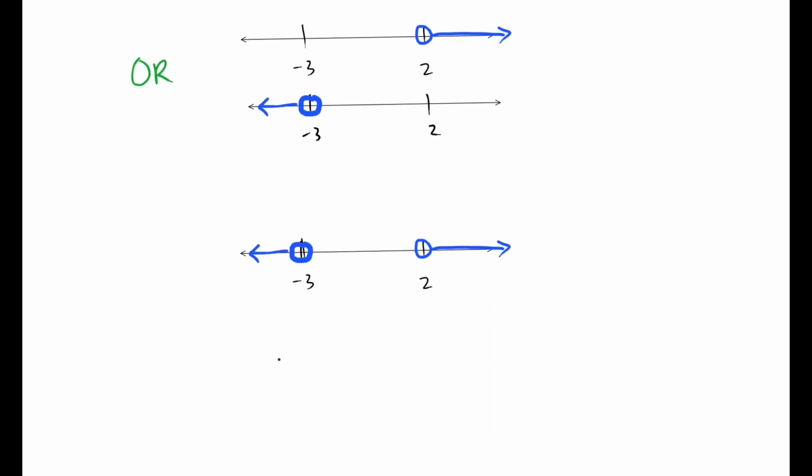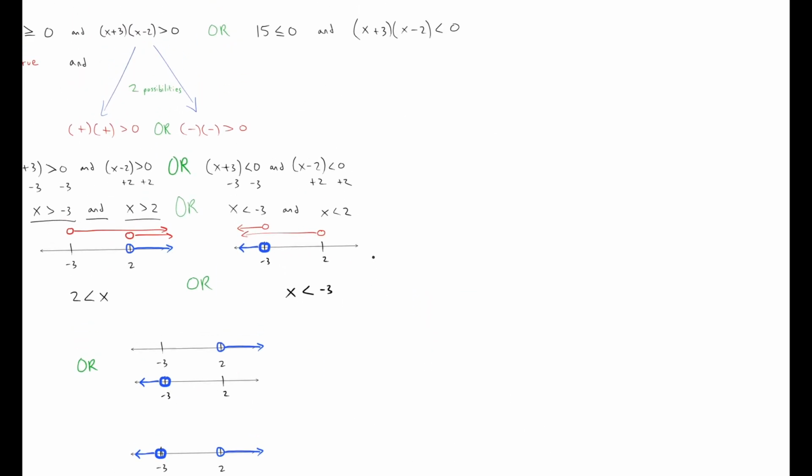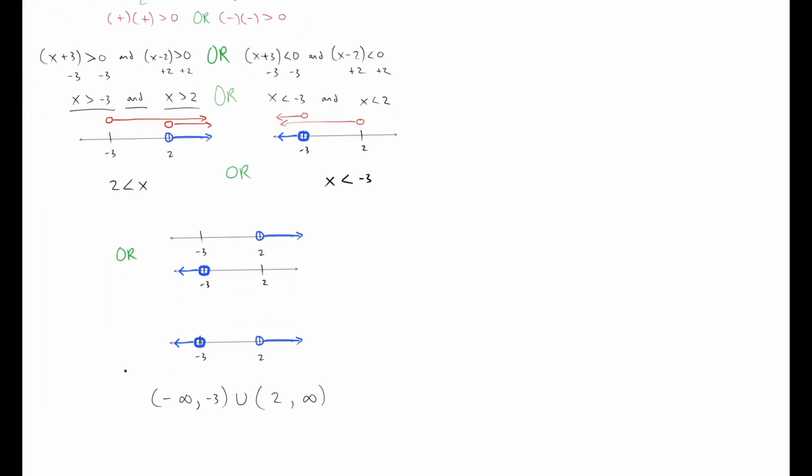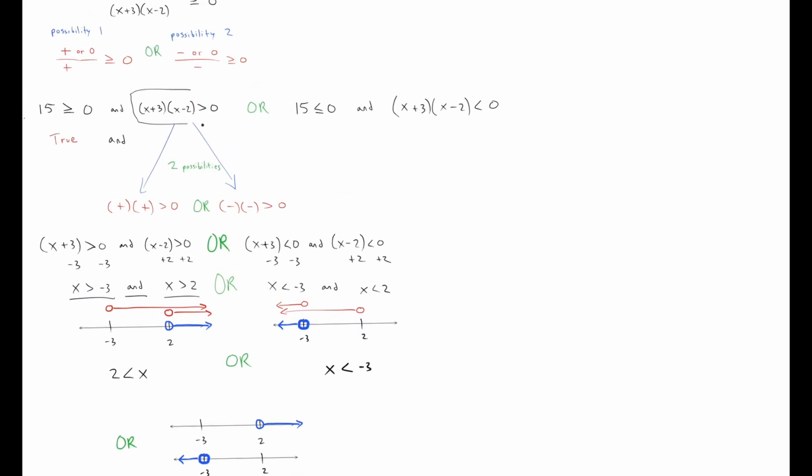And so we can say that our final result for this is from -infinity to -3, unioned with numbers from 2 to infinity. That was just the result of this.